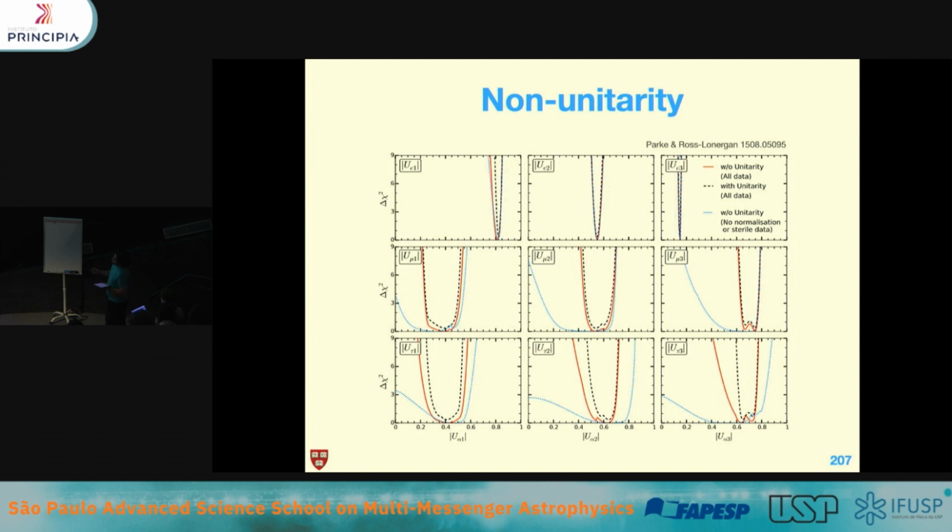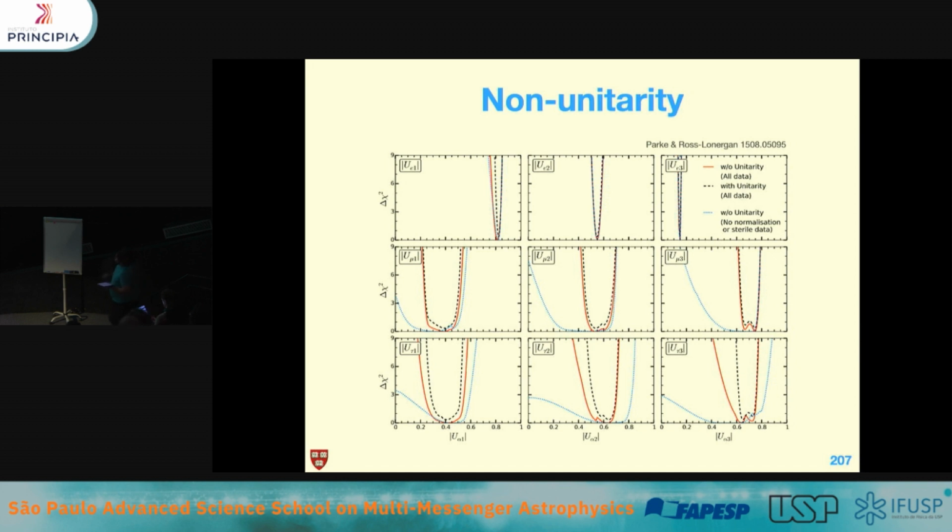The square of this is the fraction of electron neutrino in the first mass state, the square of this is the fraction of electron neutrino in the second mass state, and this is the fraction of electron neutrino in the third mass state, and so on. You can see that the electron row is very well measured, coming from a combination of reactor and accelerator experiments. The muon row is measured to some extent, and the tau row is measured to a comparable extent.